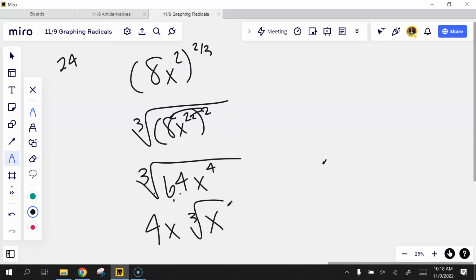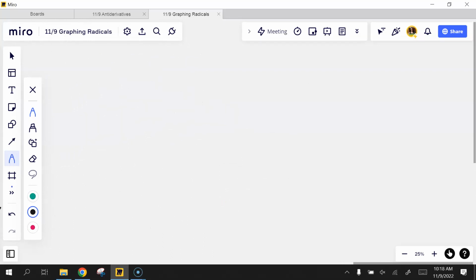31. 4 over the cube root of 4. No, 4 over, oh, 4 over a 4? Ew. Okay, so they're the same base, right?